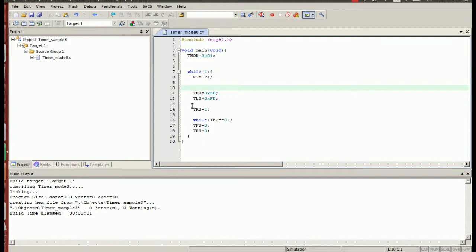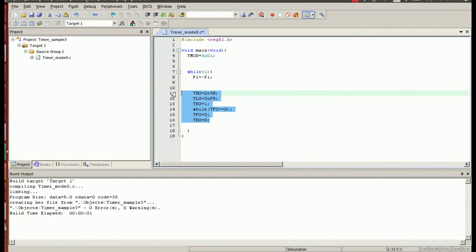Then I am going to rebuild this program. Now this set of instructions provides a delay of 50 milliseconds.